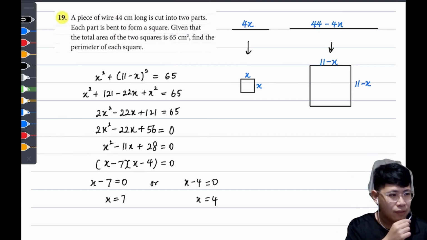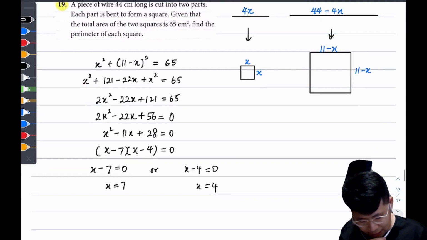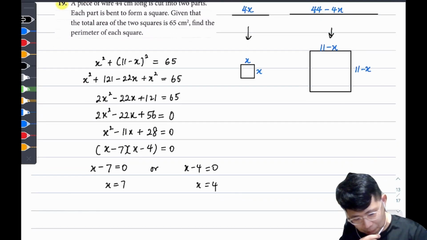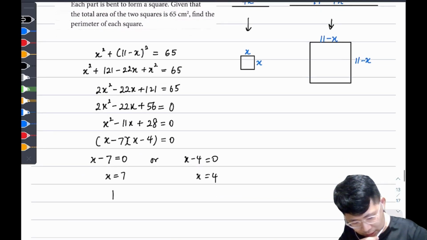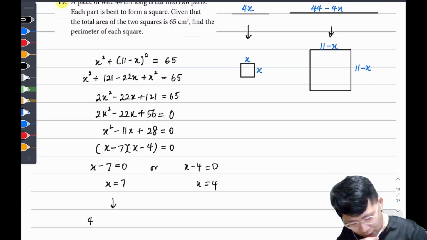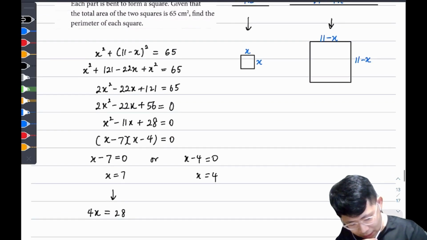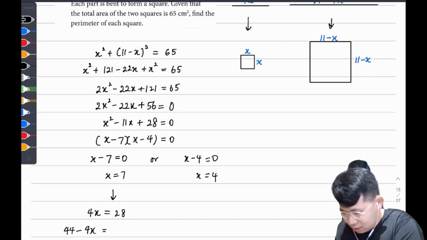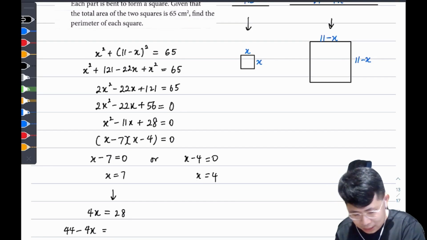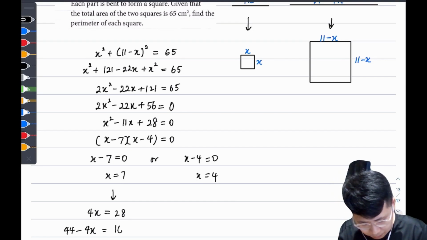So let's see. The perimeter of the smaller one would be 4x, so 4x would equal 28, and then 44 minus 4x, 44 minus 28, would equal 16.